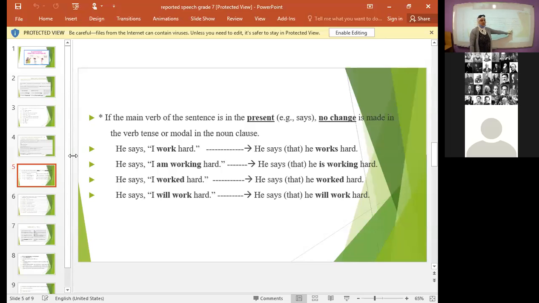Once the main verb is present simple, I keep the tense as is. Present continuous, I keep it continuous. Simple past, I keep it simple past. Future simple, I keep it future simple. But if it's in the past, I change and go one step back to the past. Is this clear? Yes. Okay.